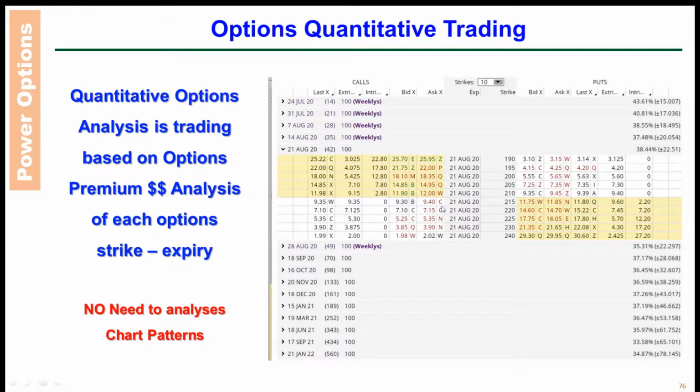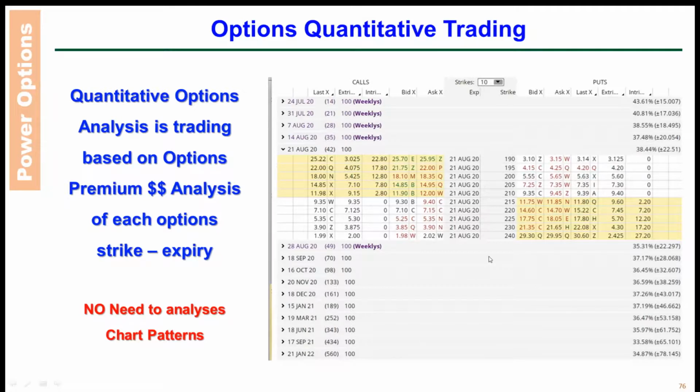The lowest selling price is 9.40. So these are options. You can see we have 14 days, 21 days, 25 days, 42 days, going up to January 2022. Every strike, like the 215 strike, is different for each individual expiry.